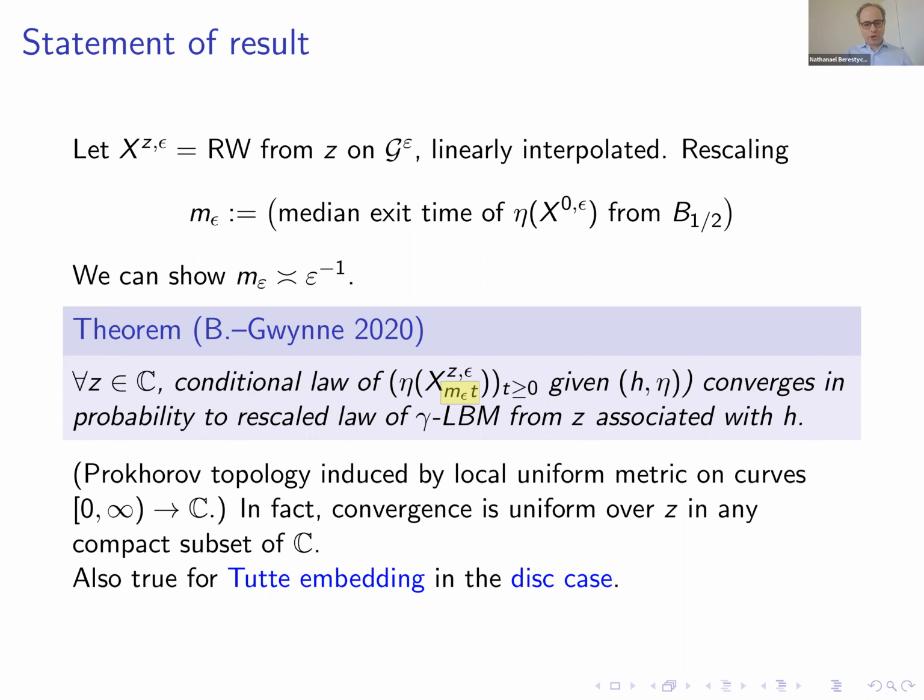So one workaround was to rescale by this fixed quantity. This is the median of the time needed for the embedded walk to leave a macroscopic region, this ball of radius half. And we can show that up to a constant, this looks like 1 over epsilon.